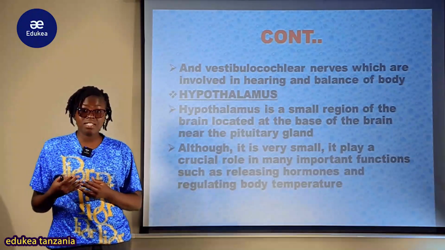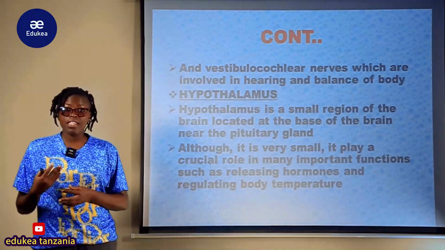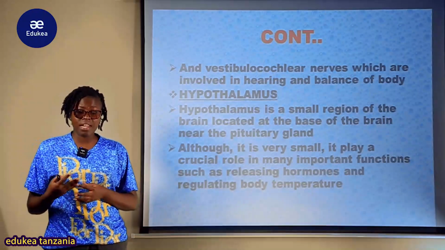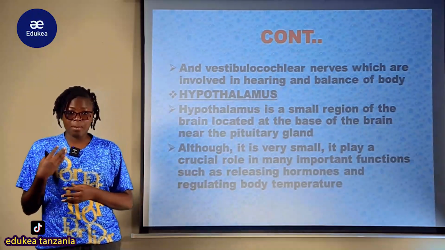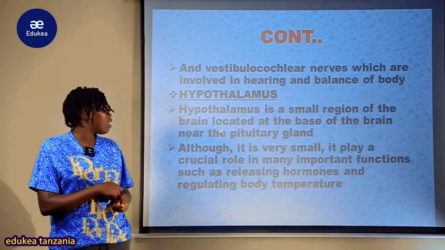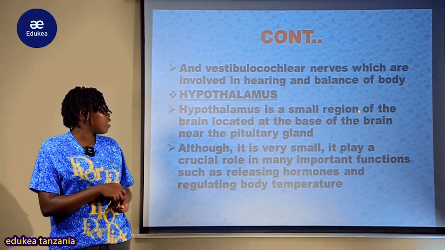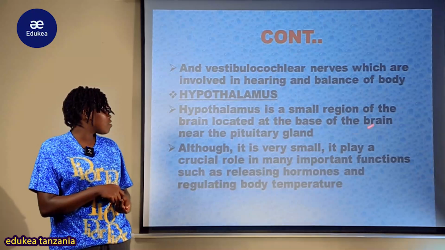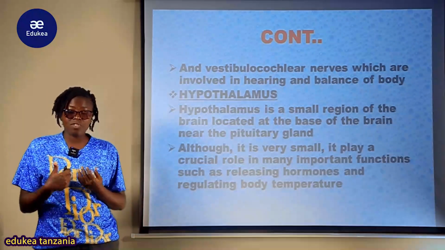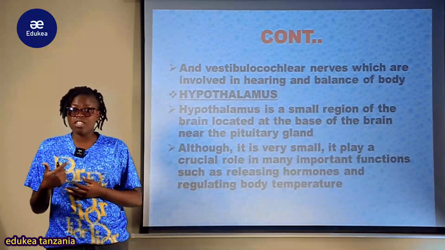The hypothalamus is situated at the base of the brain, above the pituitary gland. It is a region of the brain located at the base of the brain near the pituitary gland, but positioned above it. After the hypothalamus comes the pea-sized pituitary gland.